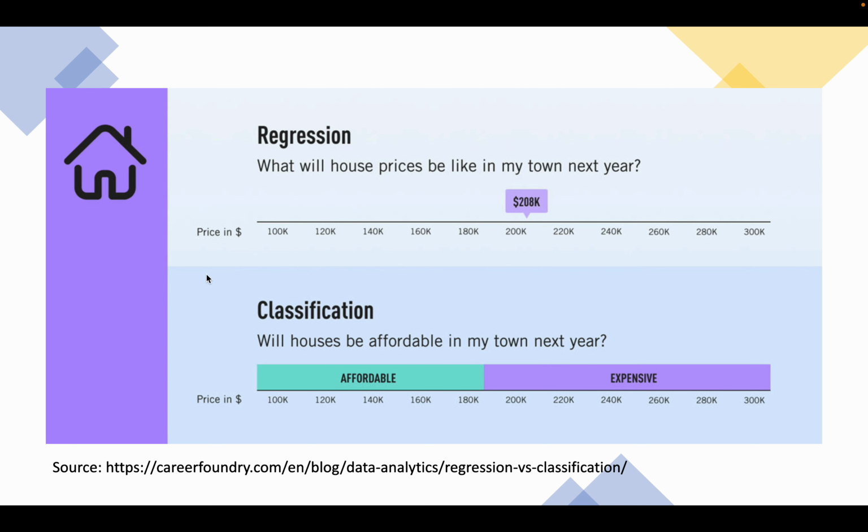In a classification problem, maybe we can define our question as will houses be affordable in my town next year? So we divide it into two categories. Every result less than this point is affordable, and any result more than this point is expensive.